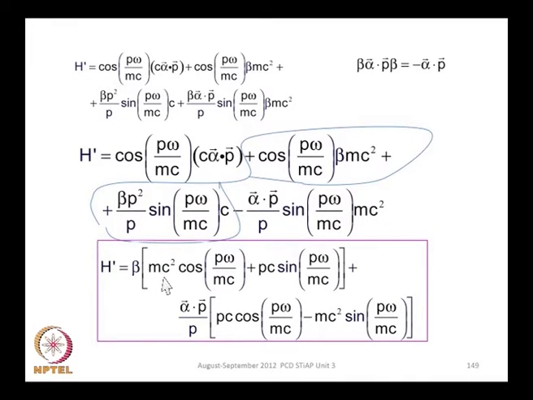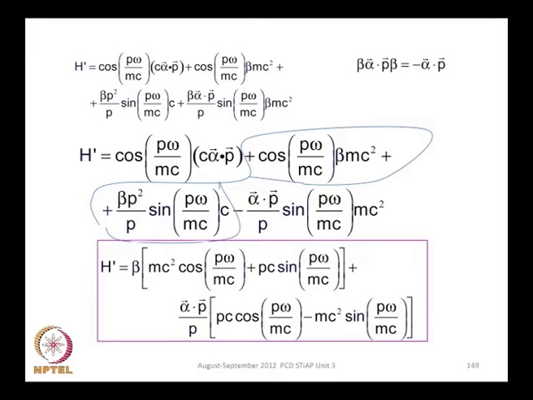So beta, and the remaining part of this term is mc square cosine of this function, and the remaining part of this term after having extracted beta is p c. Here is a p square by p and there is a c here, and then you have got the sine function. So these two terms come as the first two terms, and the first and the fourth term come as the next two terms.